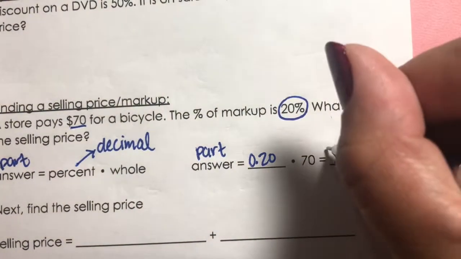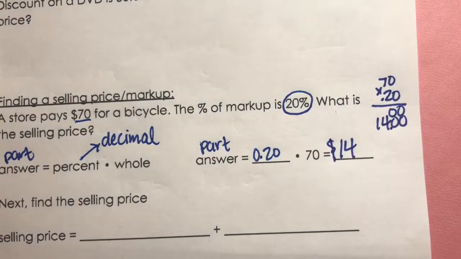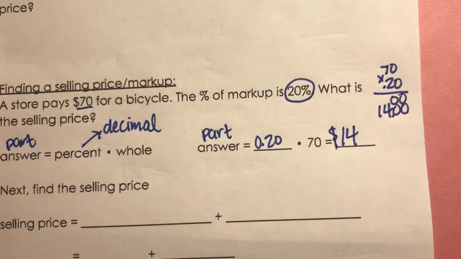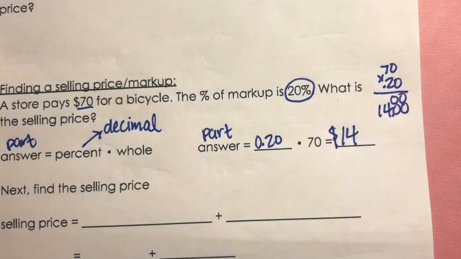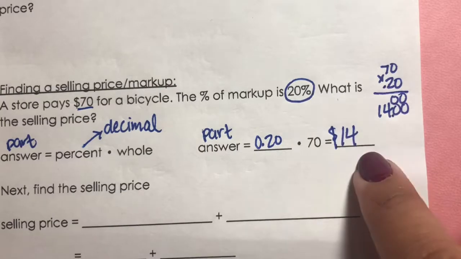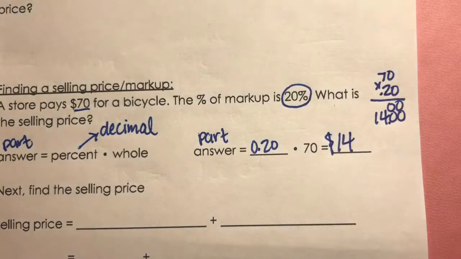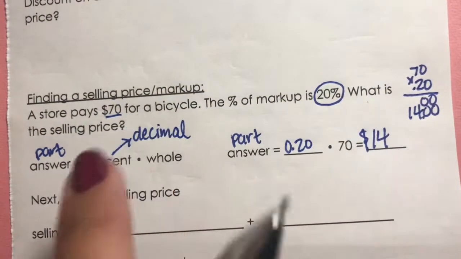So that is how much extra money the store is going to charge, because the markup of the store is 20%. This is not where we're stopping. $14 is the markup, the extra money you're going to be paying for this $70 bicycle.